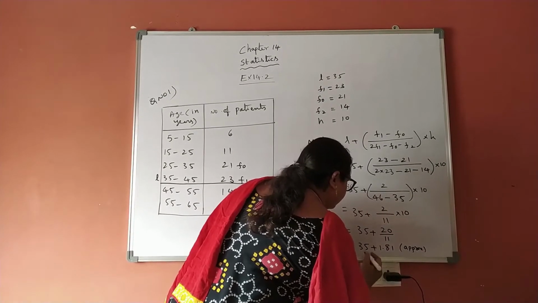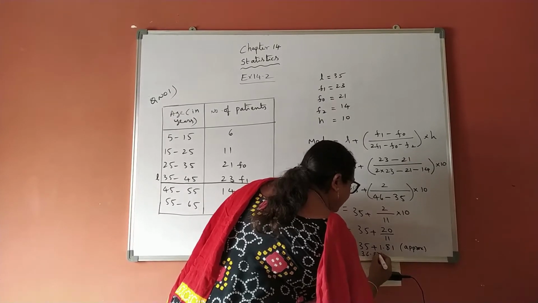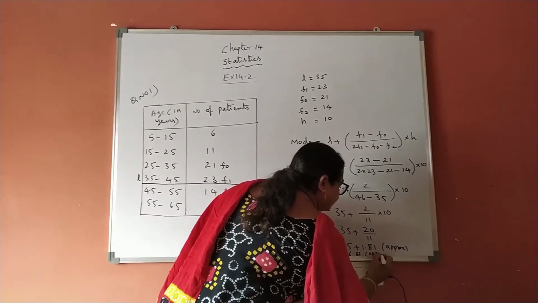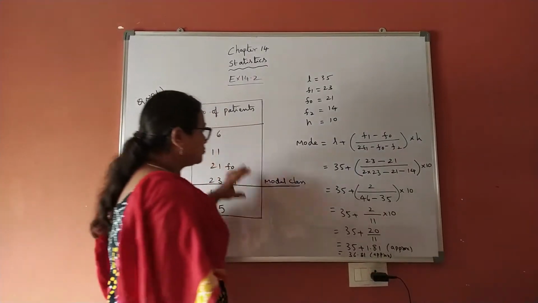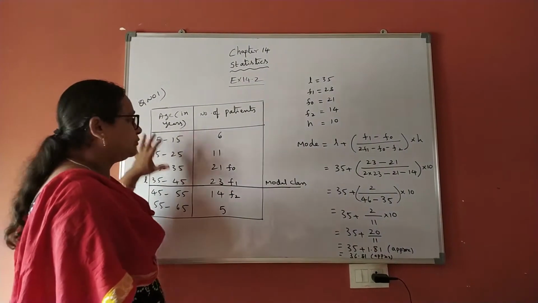That is equal to 36.81 approx. This is how to find the mode of a grouped data.